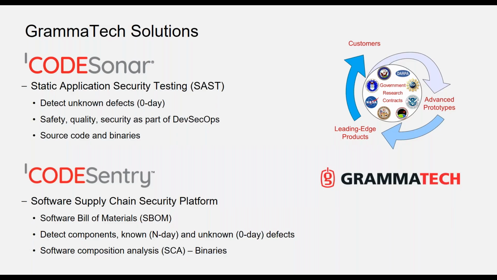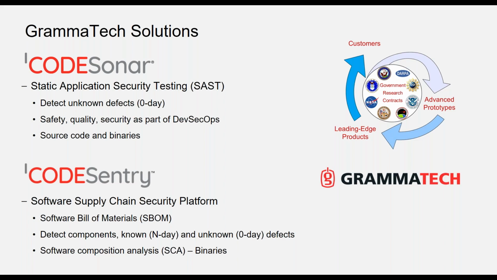So let's get started. Today we're going to talk about Codesonar, a static analysis tool for discovering bugs and security issues in software. It is developed by a company called Grammatech, and they have two divisions.